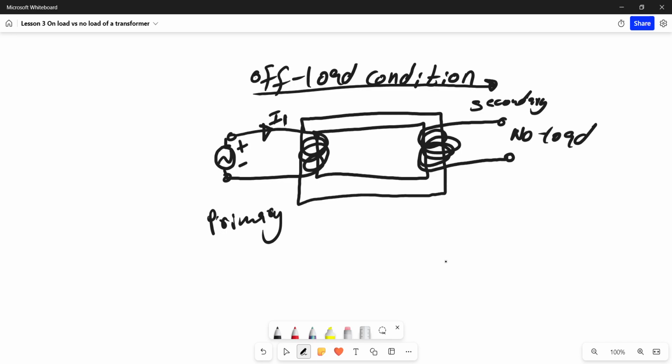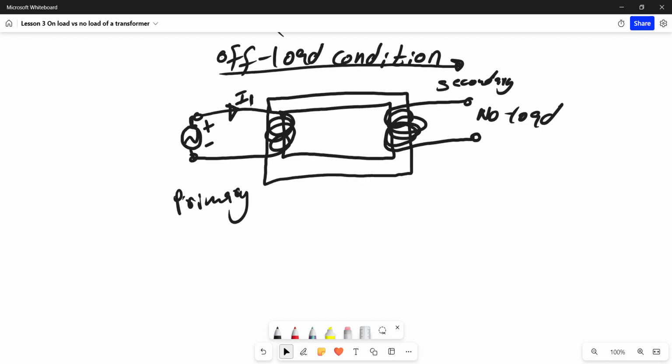When there is no load connected on the secondary side, let us look at what happens. On your primary, when your AC supply supplies the primary winding, the principle of electricity says that whenever a current flows through a conductor, there will be a field surrounding that current. So I1 will have a field around it as it flows inside the first winding.